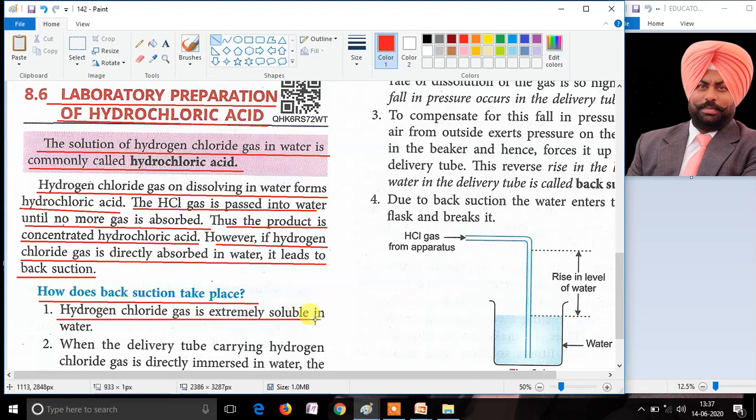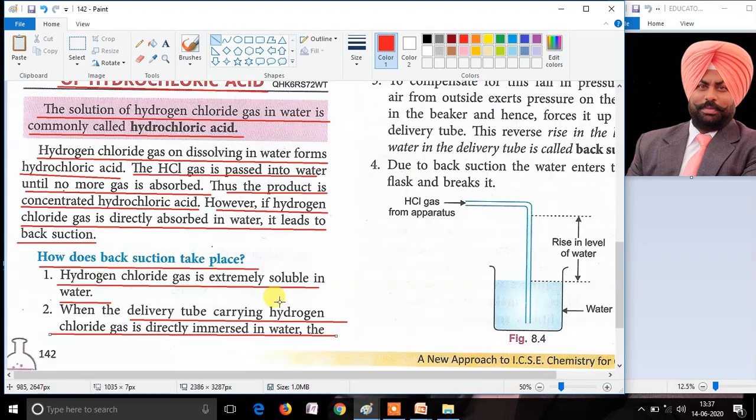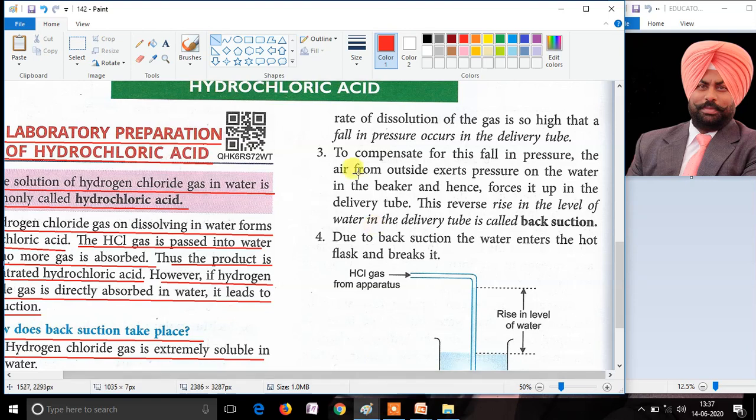Hydrogen chloride gas is highly soluble in water, and this solubility dissolved hydrogen chloride gas in water and the pressure in the delivery tube decreased, because of which the water from the gas jar rose up and entered into the round bottom flask.